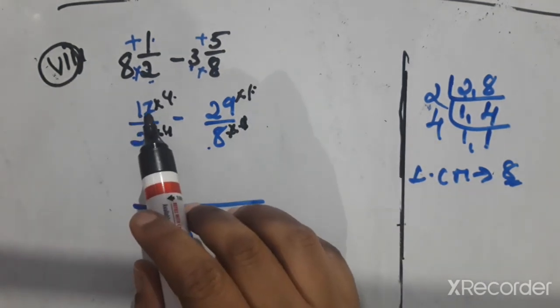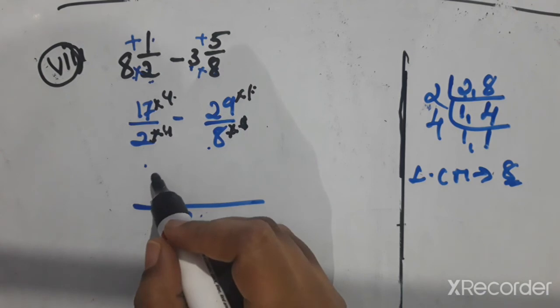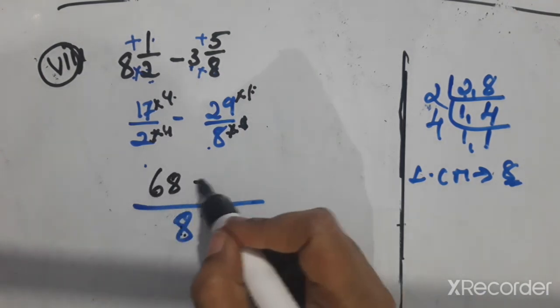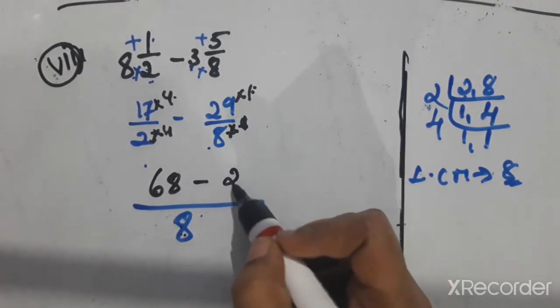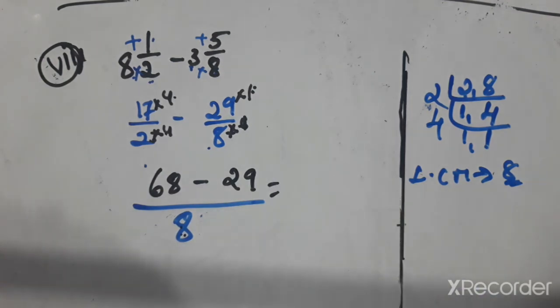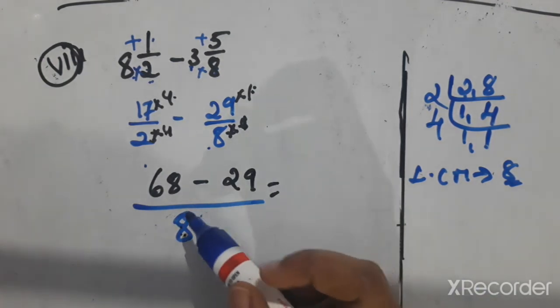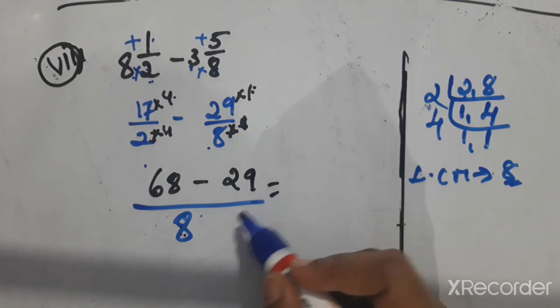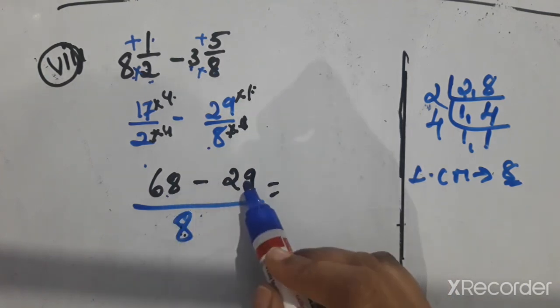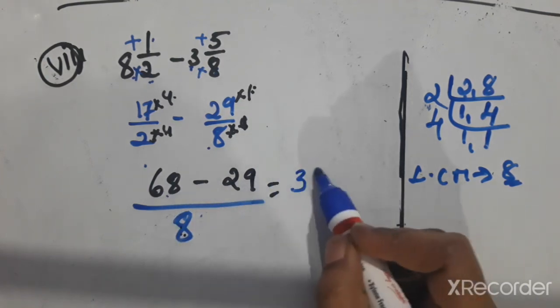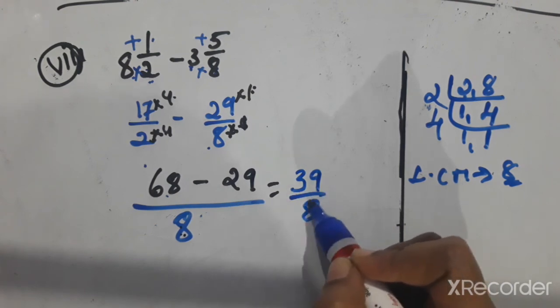Now 17 fours are how much, children? 68 minus 29 ones are 29. Now 68 minus 29 divided by 8. 68 minus 29 is 39. 39 by 8.